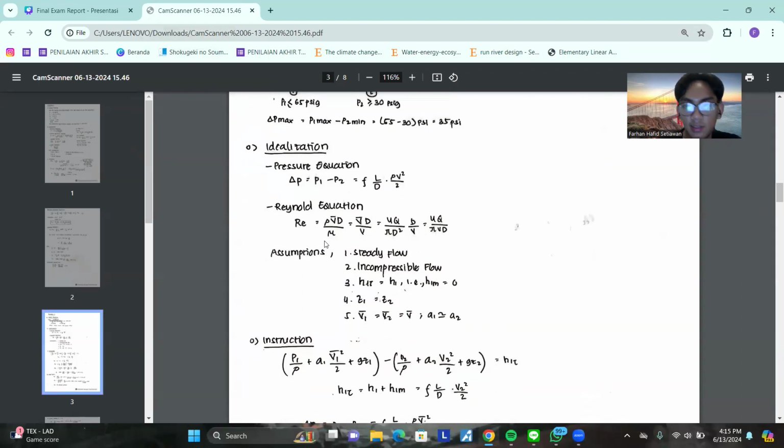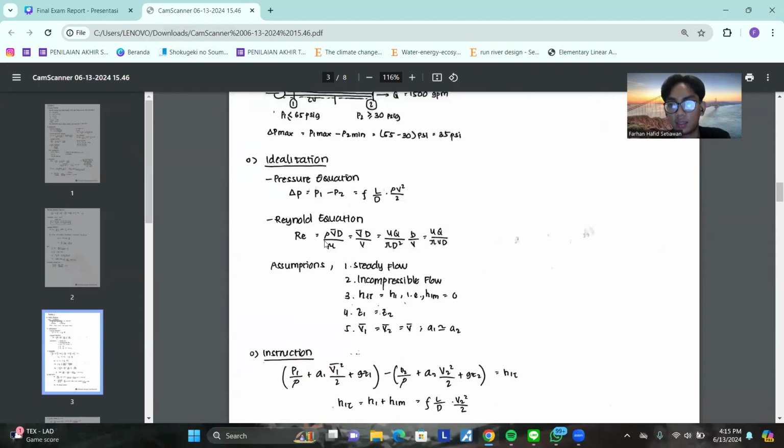So, as we know, these are the important formulas that we use to solve these equations. The first is the pressure equation, delta P equals P1 minus P2, which we can simplify as f times length per diameter times rho V quadrat per 2. And the Reynolds equation is given by rho times velocity times diameter per mu.